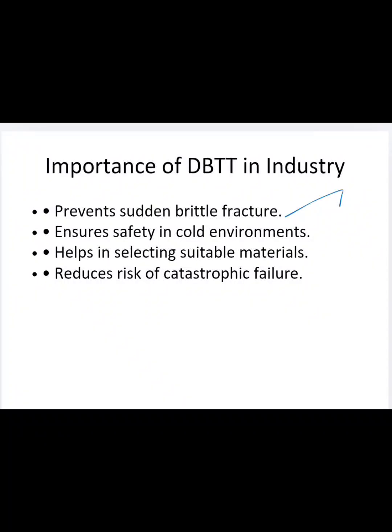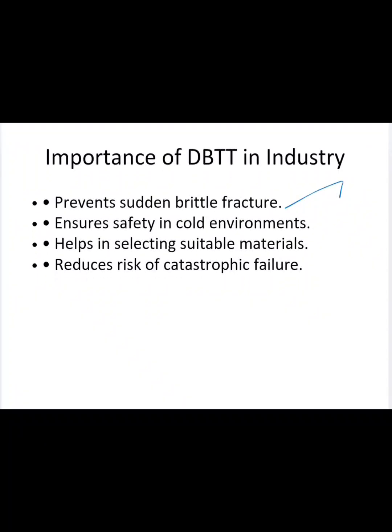At such temperature, the steel used in the ship hull behaved in a brittle manner instead of deforming. So the ship fractured and the crack propagated rapidly. The reason behind the failure was that the material had low impact toughness at low temperature.